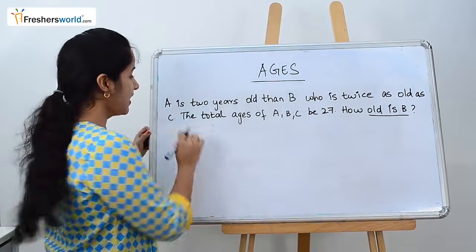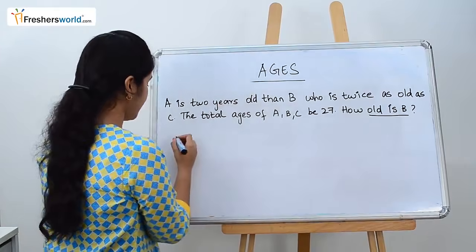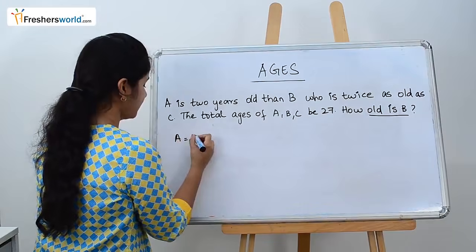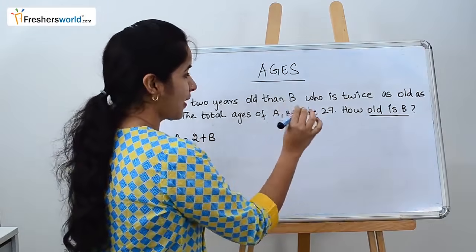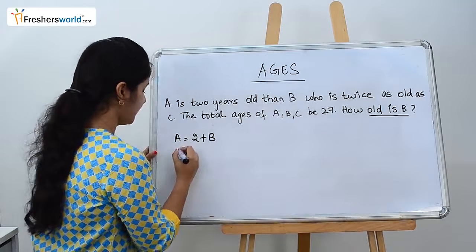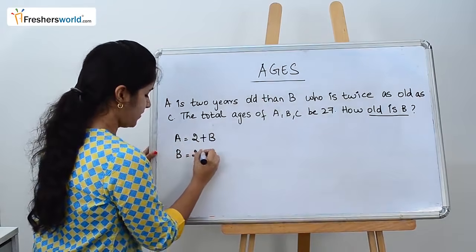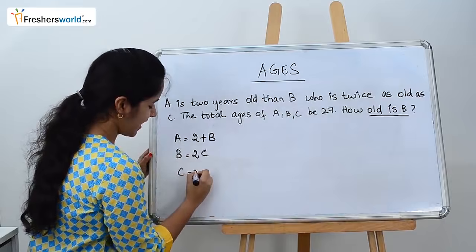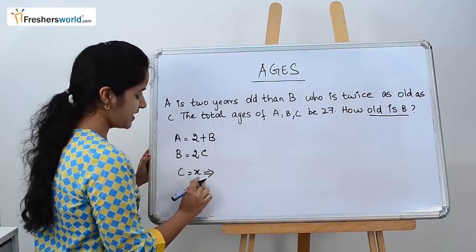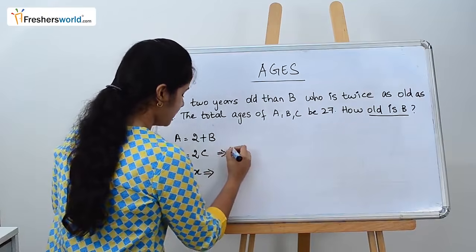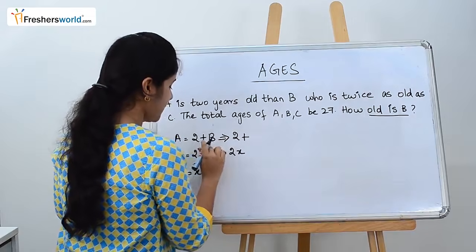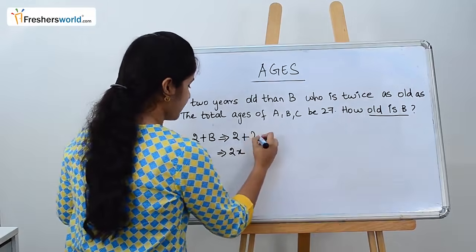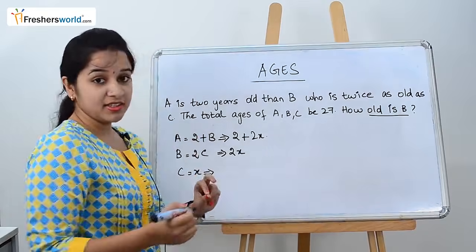A is 2 years older than B, and B is twice as old as C. So we can take C as x. If C is x, then B becomes 2x and A becomes 2 plus B, which is 2 plus 2x.